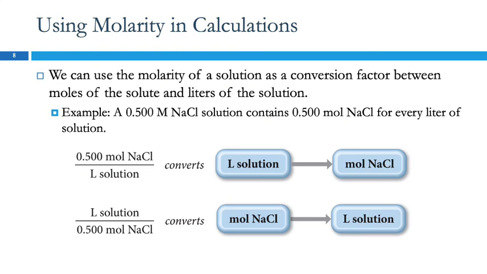So the molarity of a solution is a conversion factor, just like the molar mass of a compound is a conversion factor. Molar mass converts between moles and grams. Molarity converts between moles and liters of solution.